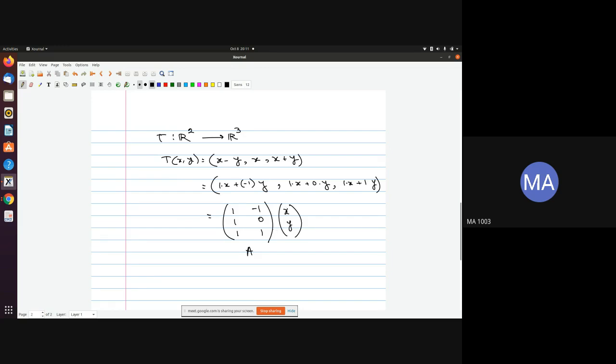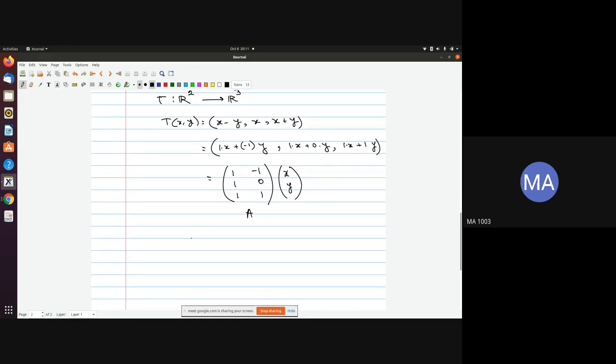I have taken a vector from this side and written it like this, a, b. Any linear transformation I can do this for. There is a matrix A for which, if I take the input vector and multiply it with that matrix, I will get the output. That's how the linear transformation is defined.